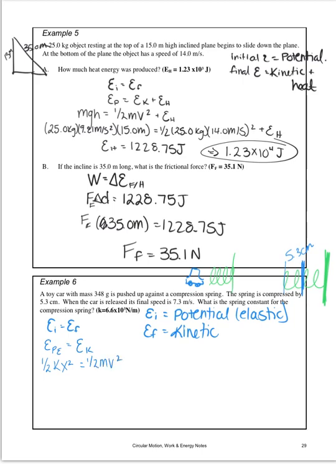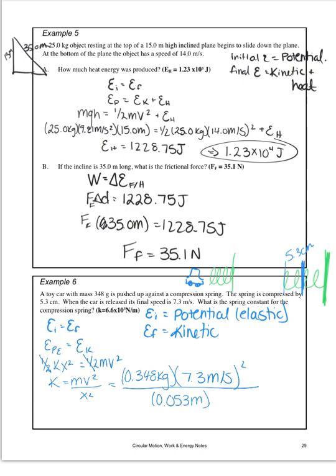So solving for k, our halves cancel because I can multiply both sides by 2 and cancel that out. So k is equal to mv squared over x squared. So 0.348 kilograms, don't forget to turn to kilograms, times its final velocity of 7.3 meters per second, squared, all over how far the spring was compressed in meters, 0.053 meters.